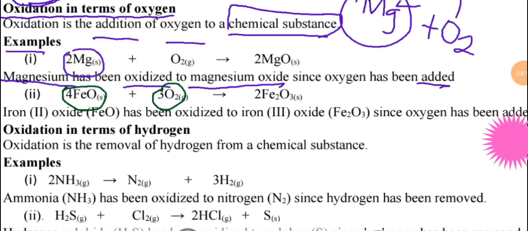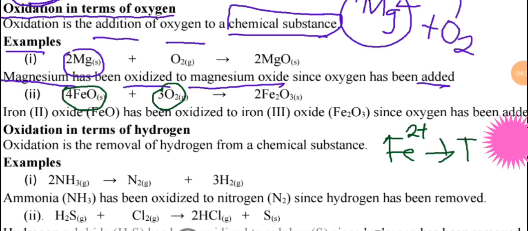That causes the iron in the structure to be promoted in terms of valency. The iron(II) is promoted to iron(III).